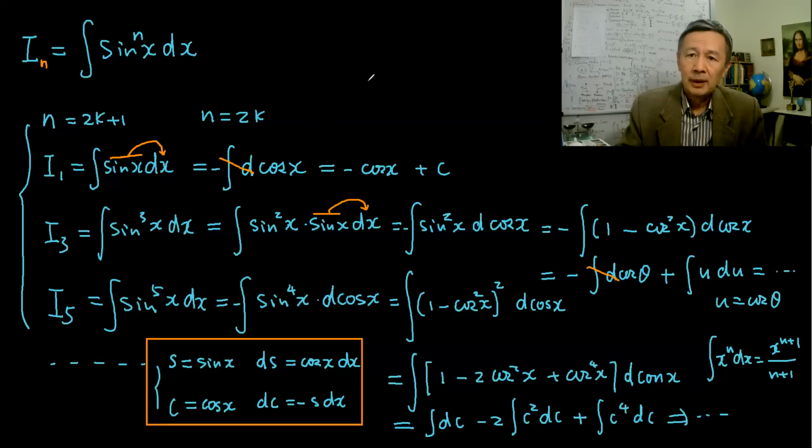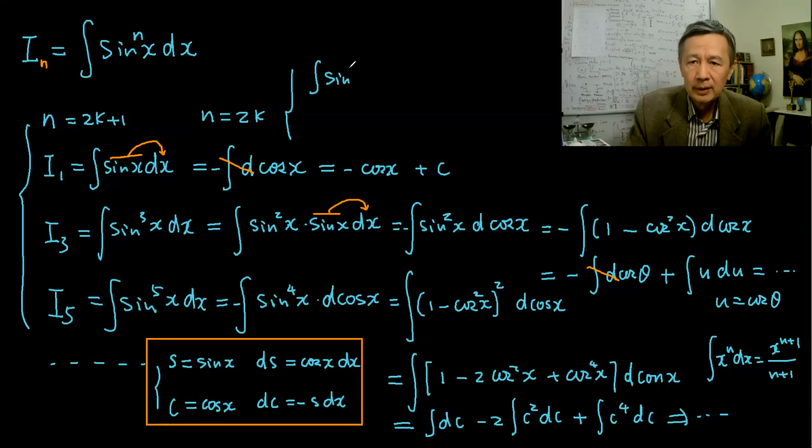Now let's focus on the second type of integral, namely when n is an even number. I'll write a few examples to illustrate. In this case, we encounter even powers. One is sine squared x dx.